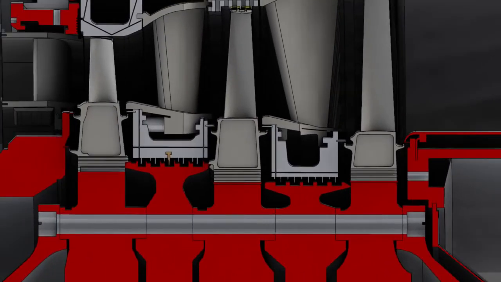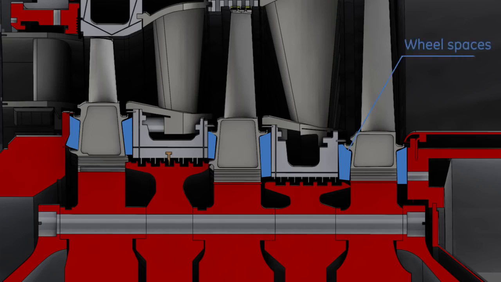All these seals reduce leakage of the hot gases radially inward to rotor parts, improving turbine efficiency and protecting the rotor parts. The rotor parts are cooled by positive flow of cooling air discharged radially outward through a space between the turbine wheels and the turbine stator parts. These spaces are called the wheel space.